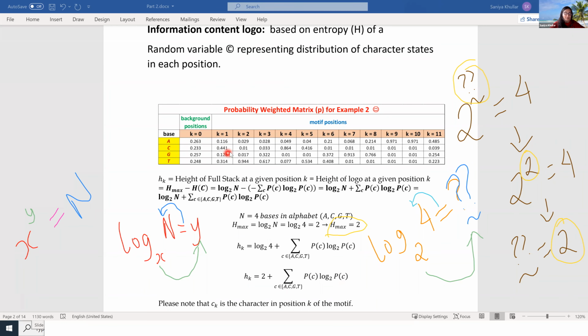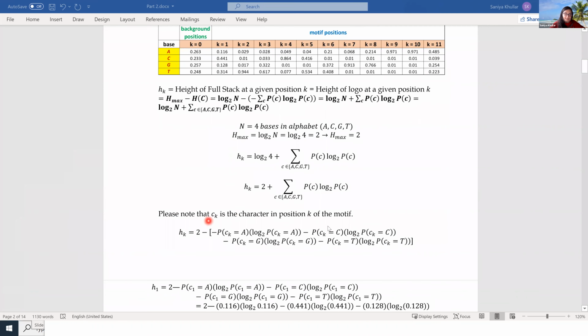And then we're going to also add to it the probability of G in this spot, if we're holding K equals 1. So we're going to get that value multiplied by log 2 of 0.128. And then we're going to lastly look at T, which is 0.314. We multiply that probability by log 2 of 0.314. And then look at those values. C_k again is the character in position K of the motif.